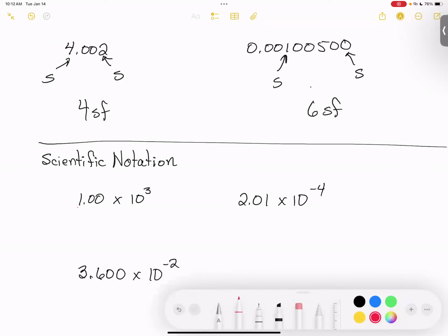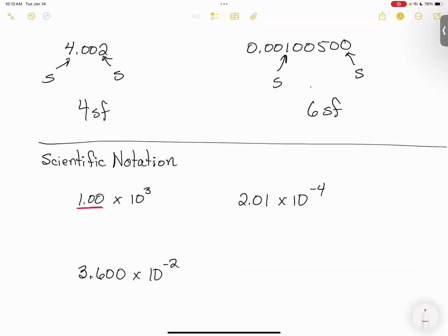The first portion of scientific notation is known as the mantissa of the number.